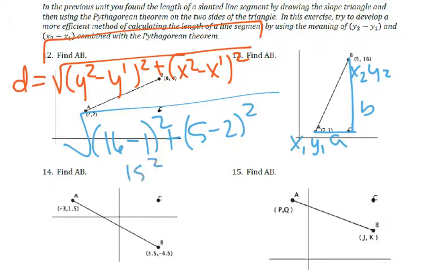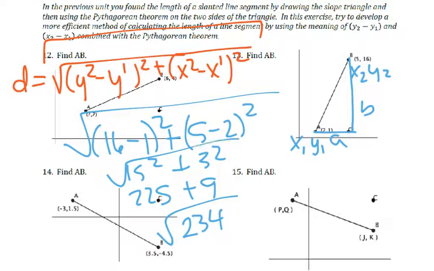So we get 15 squared, which is 225, plus 3 squared, which is 9, would give me 234, and it's all under the radical, all of this was. So the square root of 234, and that's my distance, which is about 15.3.